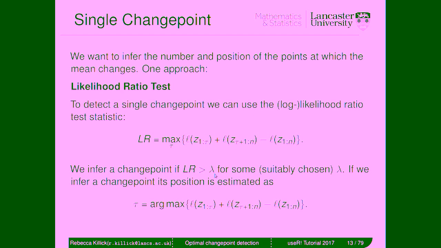Notionally, you think, within a no change data set, what do I expect the noise level to be? Therefore this lambda can be related to the noise level, and you can have a confidence interval value for this lambda as well, in the sense that if you want to be 95% confident of a change, you can set this lambda so that you're 95% confident. If we decide there is a change point, then the change point is literally just the value of tau that maximizes this likelihood ratio.